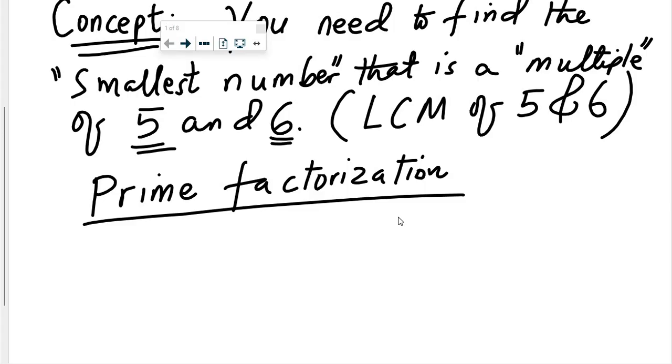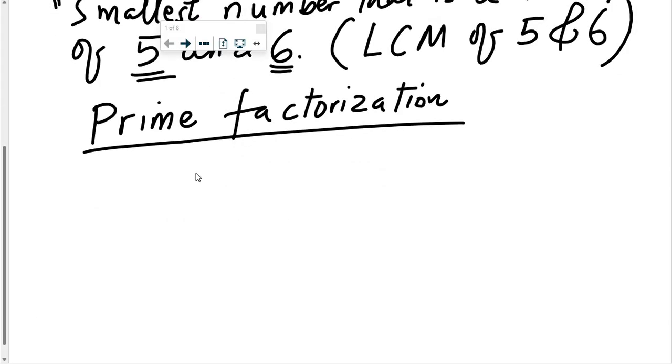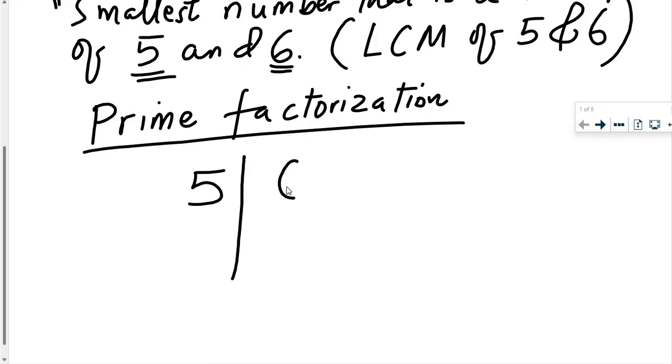This prime factorization is simple. You keep the numbers here. In this case, I have two numbers. One number is 5, another number is 6.